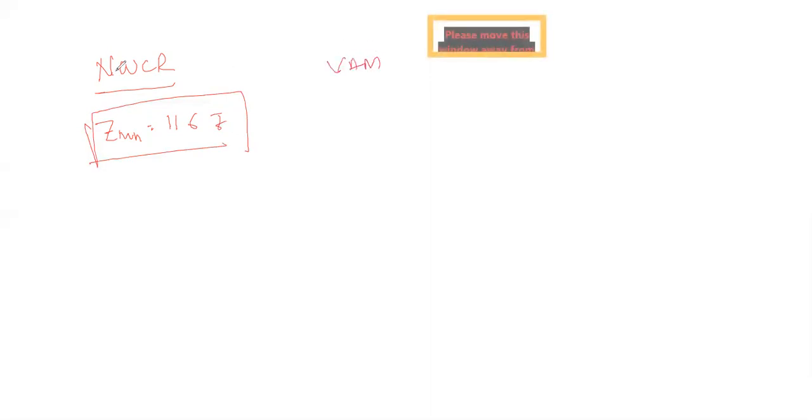Similarly, in the case of the first one we solved, NWCR, we got Z minimum equal to 116 or 117 rupees. Similarly, in the case of the VAM method, these are available in the previous videos, Z minimum is equal to 102 units of cost.